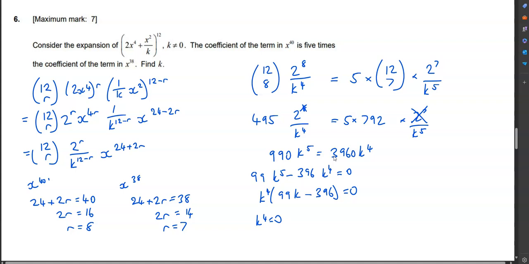So k to the 4 equals 0, inadmissible. 99k equals 396, k equals 396 over 99, which is just 4.